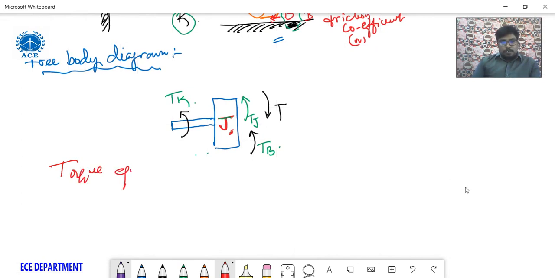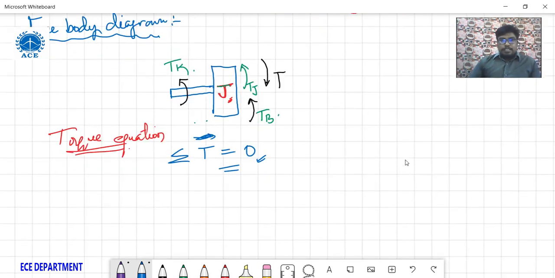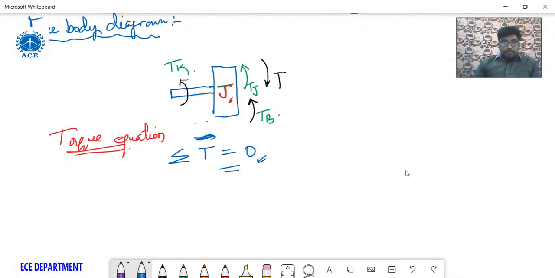Torque equation. In terms of displacement we can write here, right? By D'Alembert principle, what do we say? The summation of total torque acting on a body at any instant is 0. So we will write it by seeing the free body diagram.